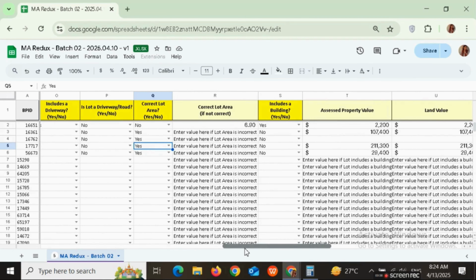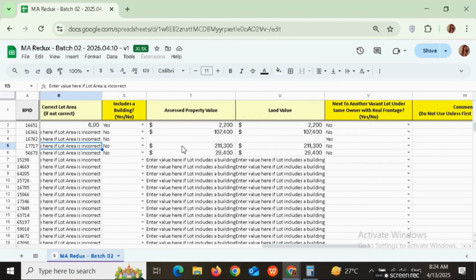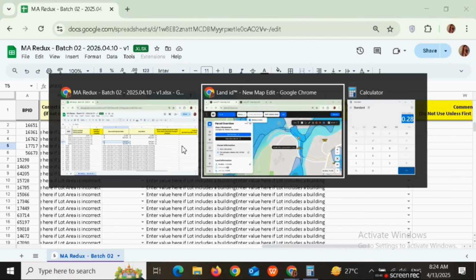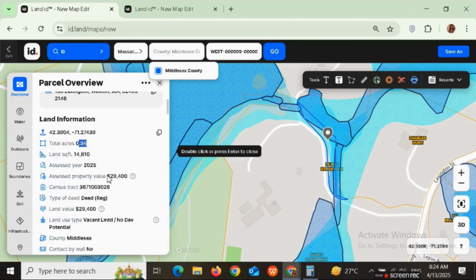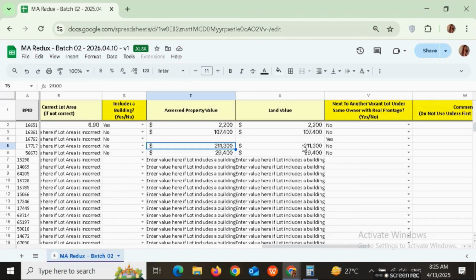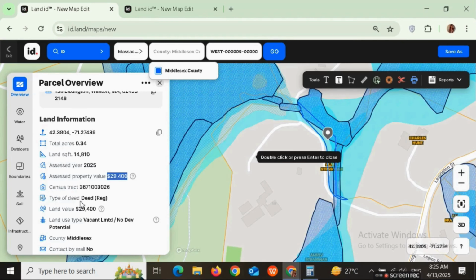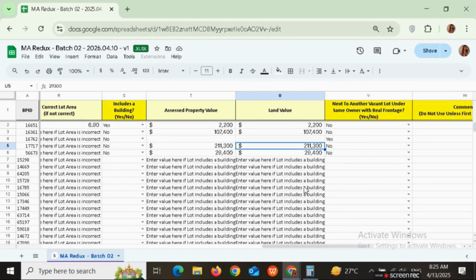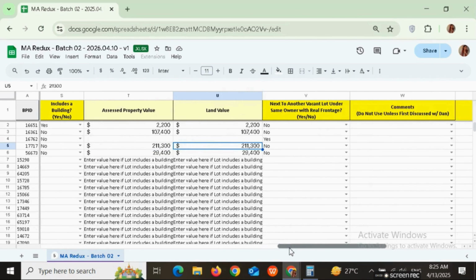If not, I will put the correct value here. Assessed property value, I will put here, and land value is also here. I will put the value here.